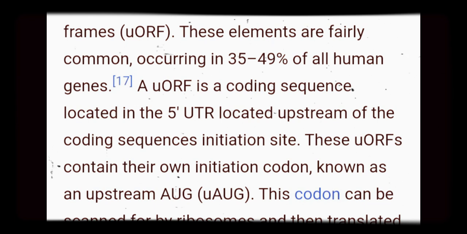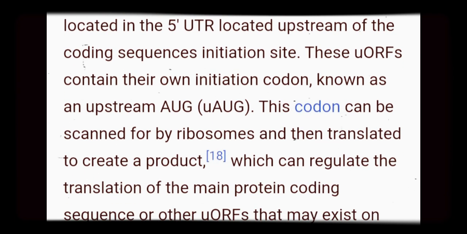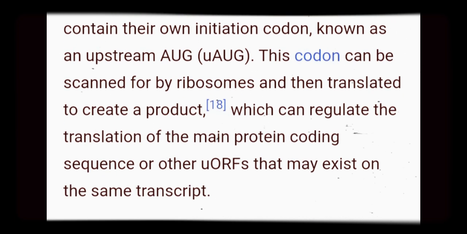These upstream open reading frames have their own start codon and stop codon, and their start codon is also AUG. This codon can be scanned by ribosomes and then translated to create a product, which can regulate the translation of the main open reading frame.